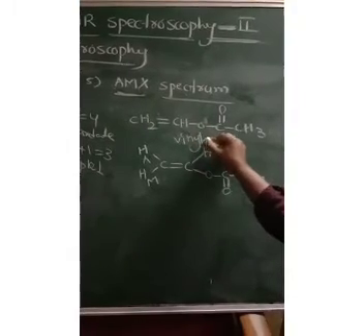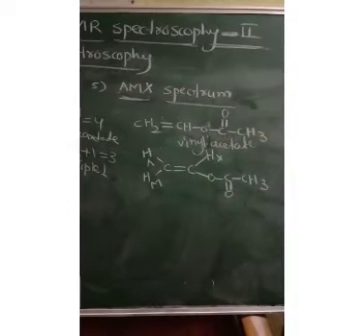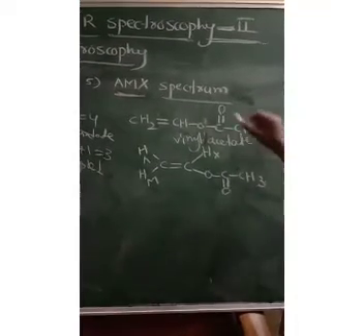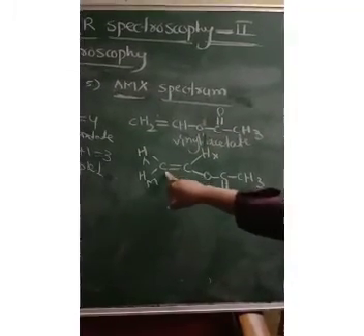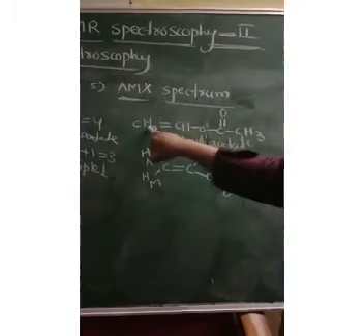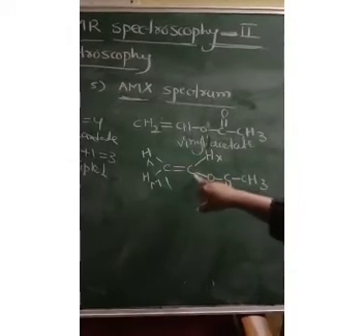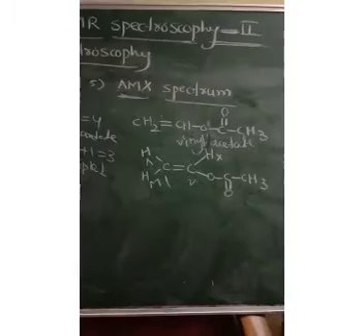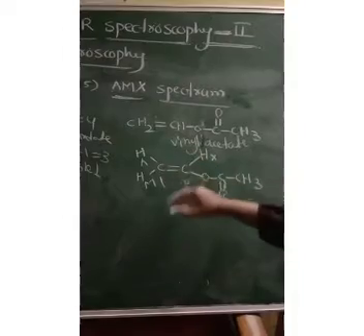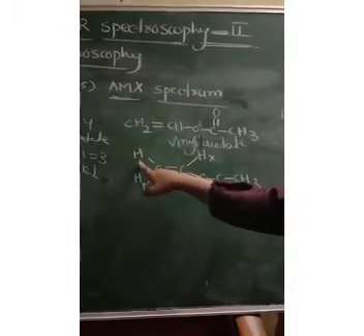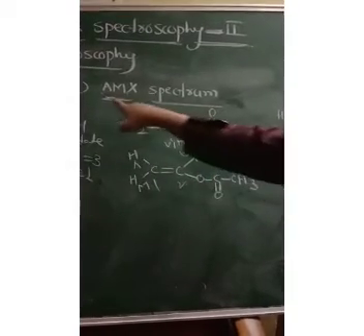In this molecule, C double bond C, there are two hydrogens on the first carbon atom and another hydrogen on the second carbon atom. Usually two such hydrogens look the same, but here they are completely different types of protons: A type, M type, and X type.